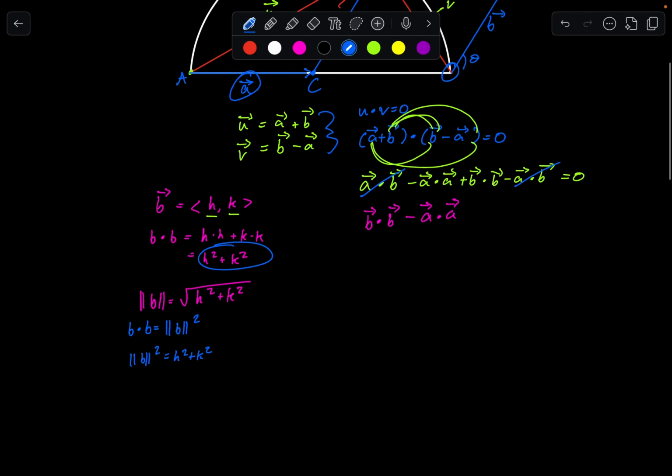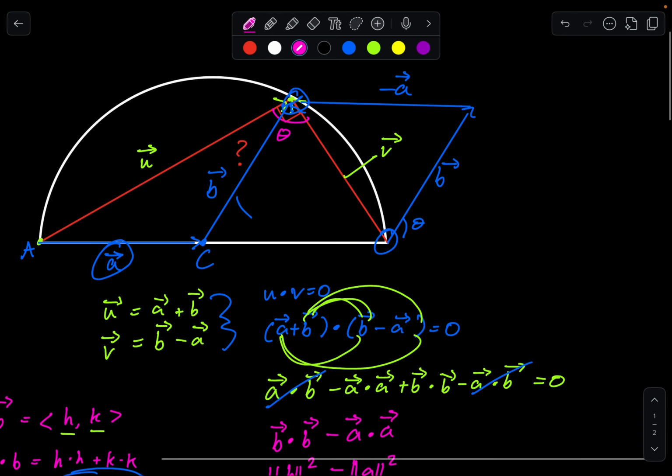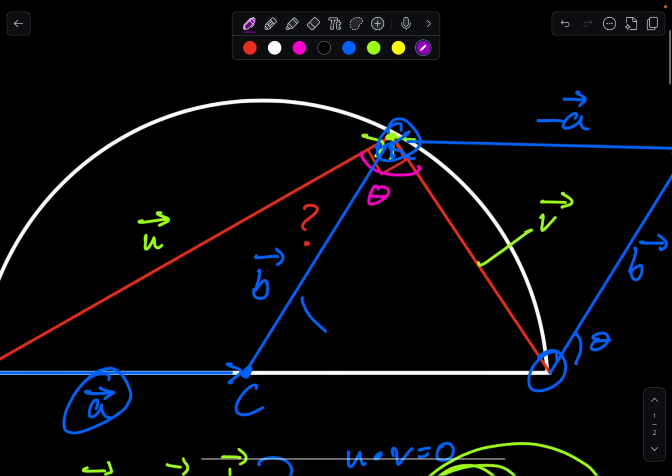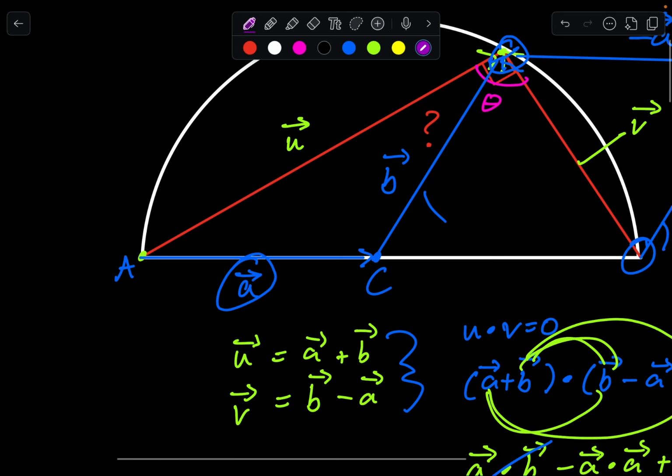Let's quickly replace b dot product b with the magnitude of b squared. So we have magnitude of b squared, and we can do the same thing here because we essentially said any vector u dot product u is equal to the magnitude of u squared, and we proved that here. So we have minus the magnitude of a squared. Now, what does magnitude really mean? We said that magnitude means length. So if we take a look at this example, let's examine the lengths of a and b.